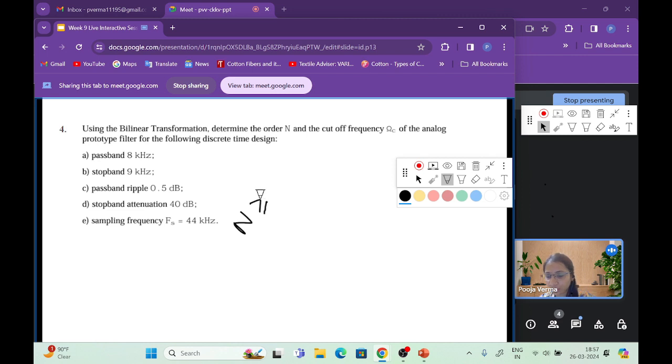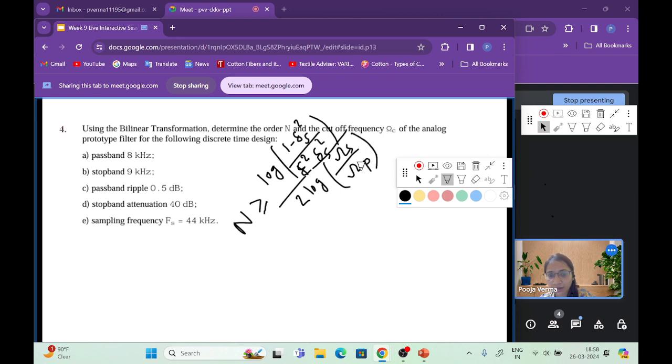That is, N must be greater than or equal to log of (1 minus del s square) divided by (epsilon del s square), divided by 2 log omega s divided by omega p, in order to find out the order of the bilinear transformation function.